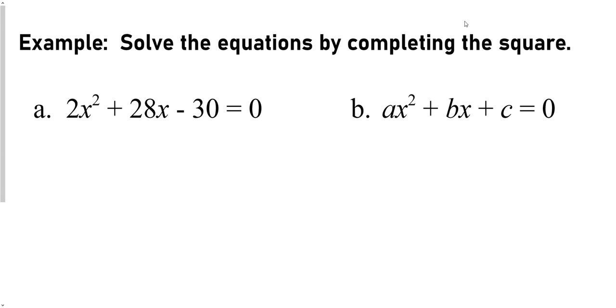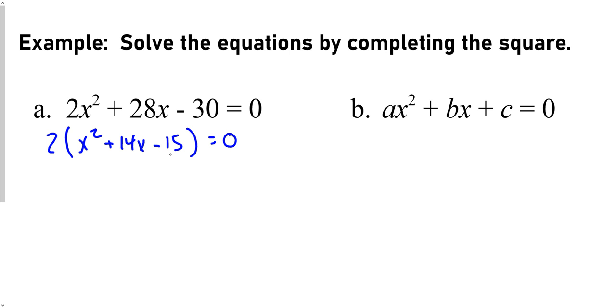In this case, all the numbers are even, so we certainly can do that. So I'll have 2 times (x squared plus 14x minus 15) equals 0. Now, this does factor. I'm going to ignore that and complete the square on it. The reason for it, you'll see later.